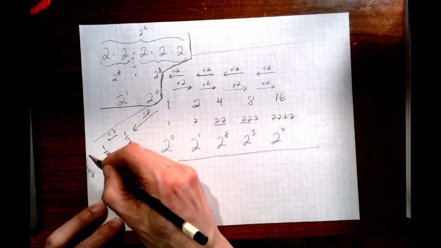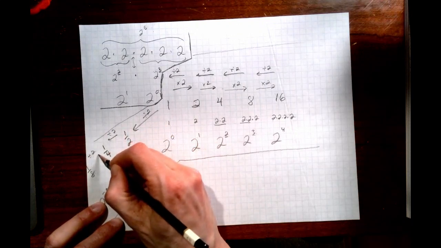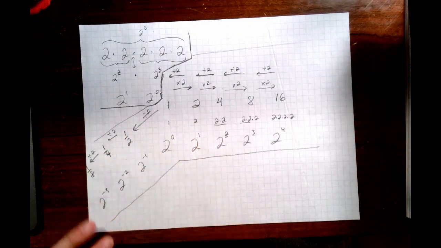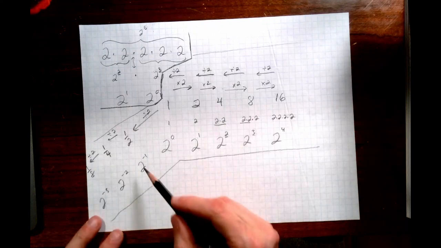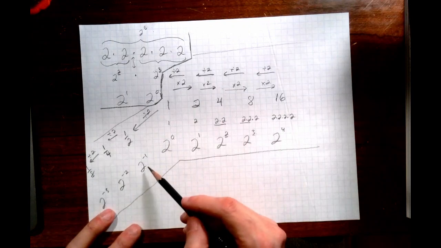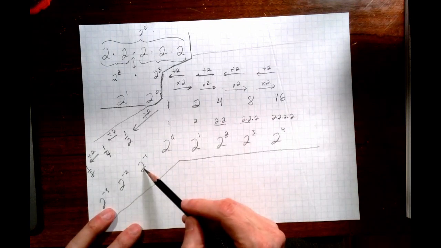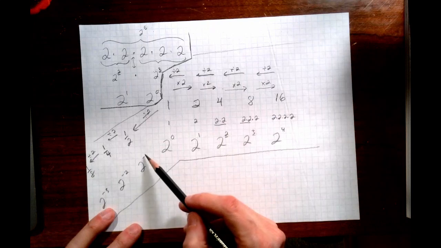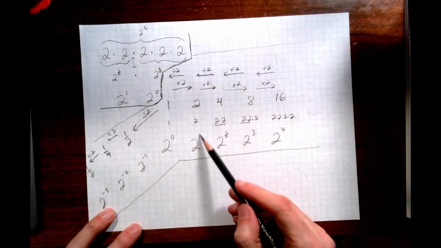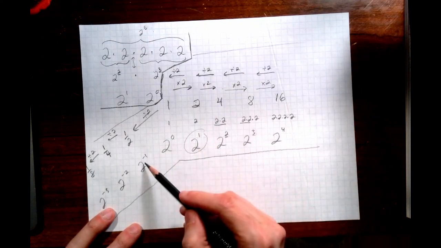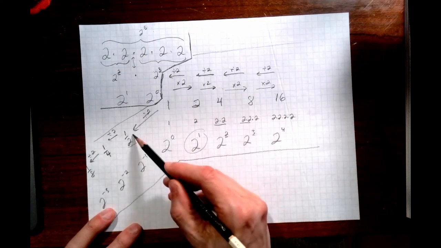So here's our divide by 2's again. Divide by 2. Divide by 2. And there we have it. So you might notice the pattern here. If we see 2 to the negative 1, we have 2 to the 1, but it's just in the denominator.